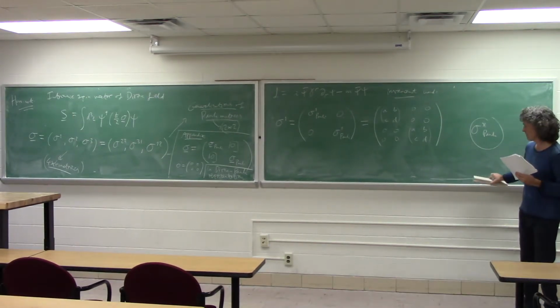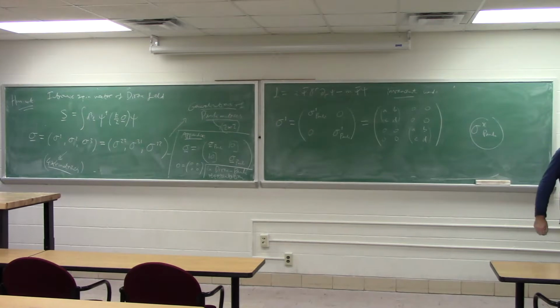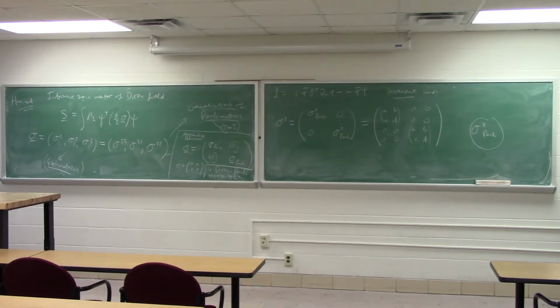So the relation between the sigma is composed of your sigma 1, 2, and 3. It's kind of expanded in this basis of your larger 4x4s. So each component of sigma is composed of these 4x4s, like a linear combination.